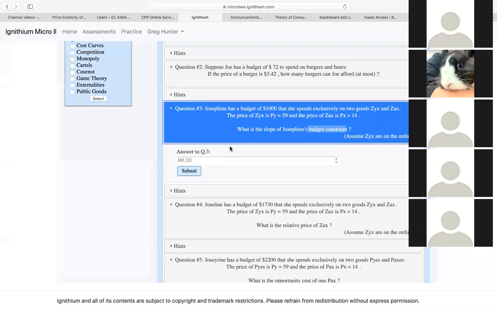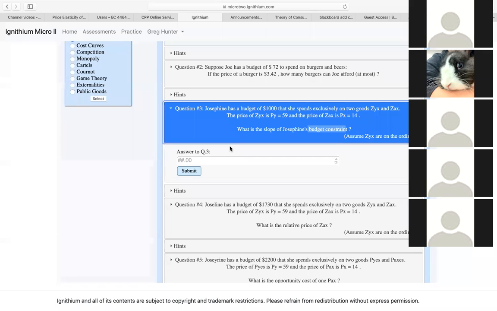Back on. So okay, let's go down the line, and don't give me your number, but I'll talk with Joseph first. So Joseph, when you think about this problem, where are you coming from on it? How did you start the problem? I started doing a graph with the max number of each product you could buy if you're only buying one, and then I graphed them, drew a line between the two, and then did rise over run and came up with a number that I'm not 100% confident in.